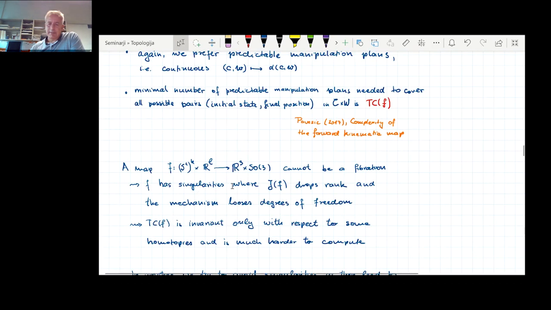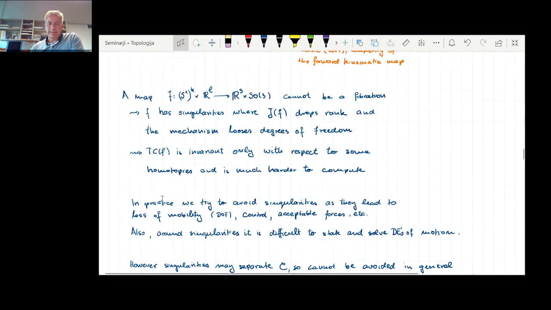While the topological complexity of a single space is completely a homotopy invariant and belongs to homotopy theory, here it is not only homotopy theory, it is partly homotopy theory and in part other things, either some singularity theory or some ad hoc computations which help you treat the singularities of the kinematic map.